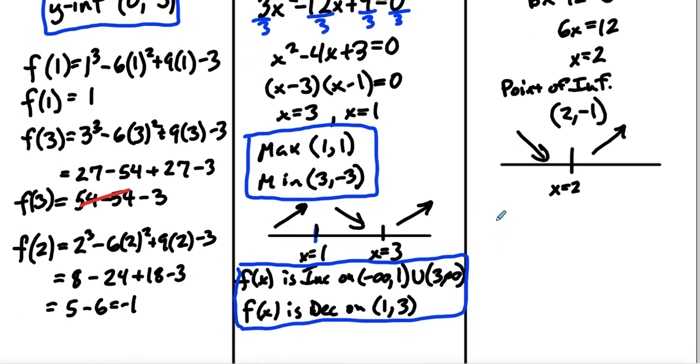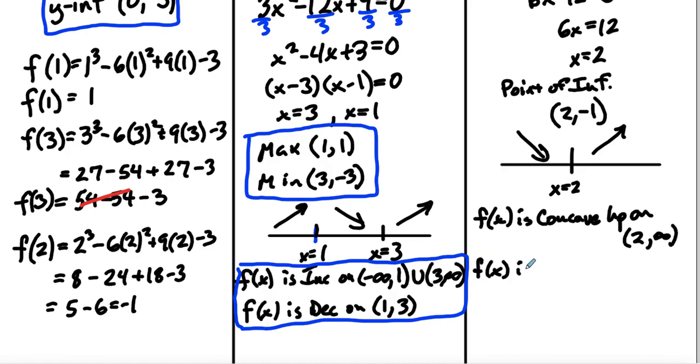Okay, so then we know that f of x is concave up on, well, 2 to infinity. And then it's concave down the whole time leading up to that. We're going to look at that in a second. On negative infinity to 2.